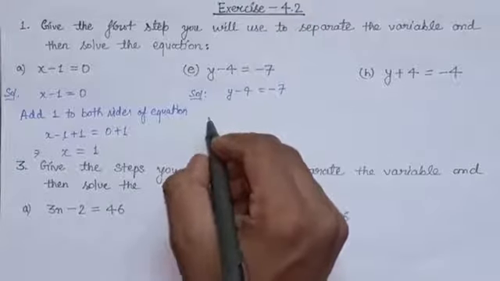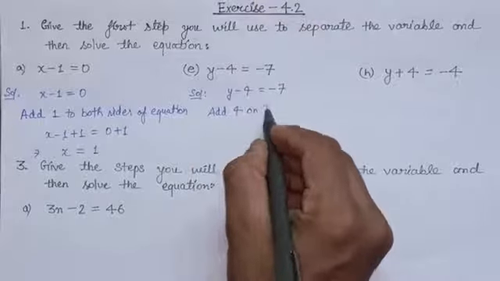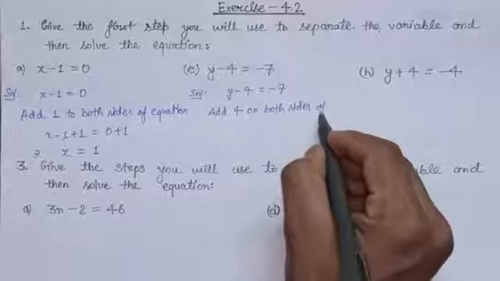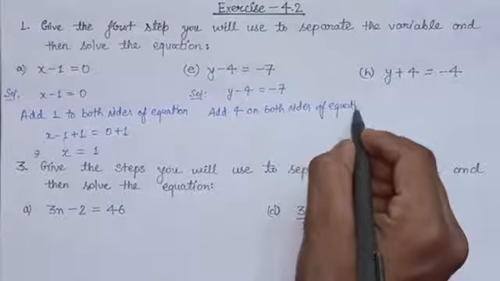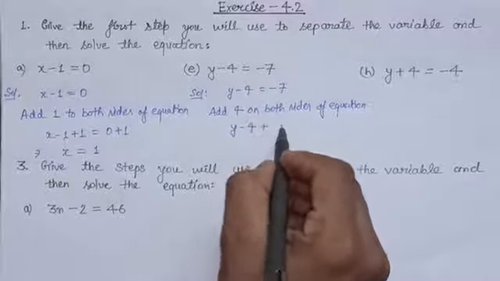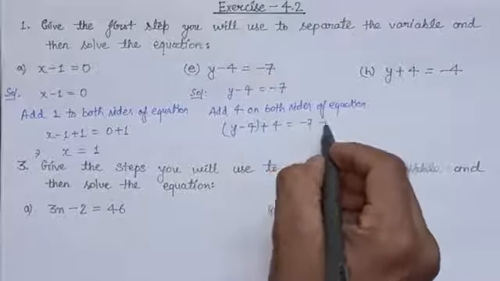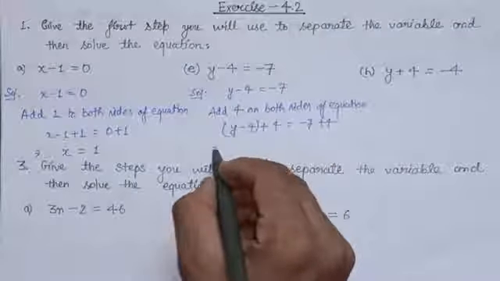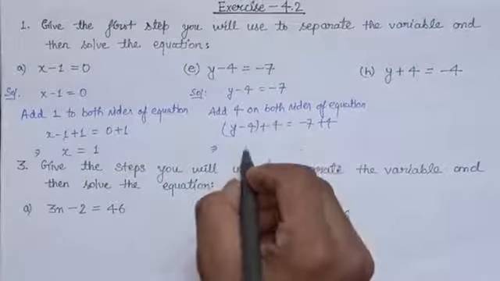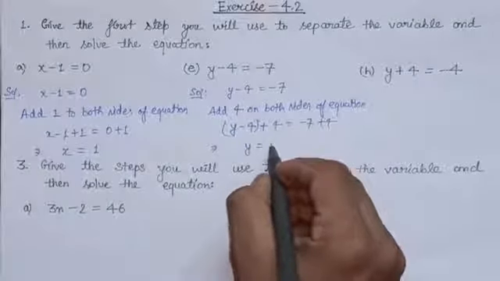So our step is to add 4 on both sides of the equation. So we can write y minus 4 plus 4, and here we have minus 7 plus 4. So y minus 4 plus 4: minus 4 and plus 4 cancel out, so we have only y, and here minus 7 plus 4 is minus 3.